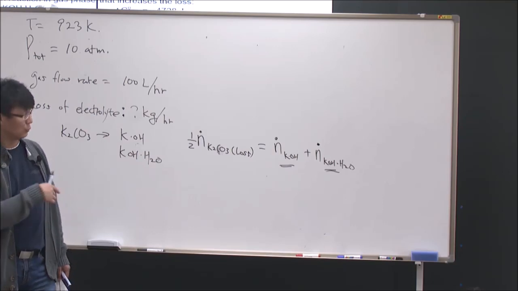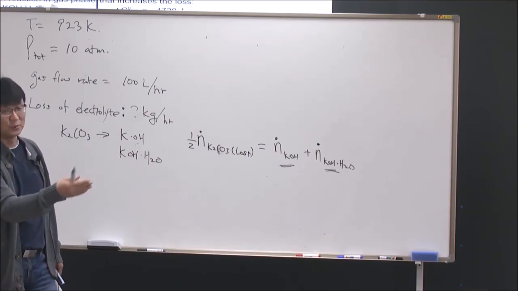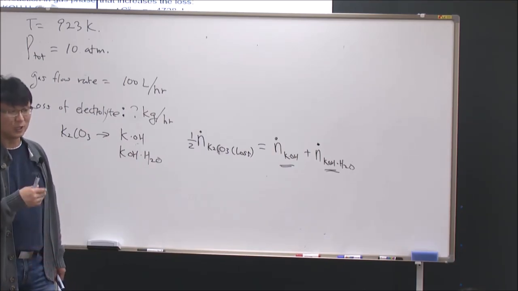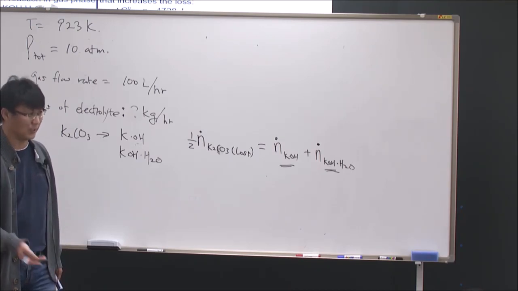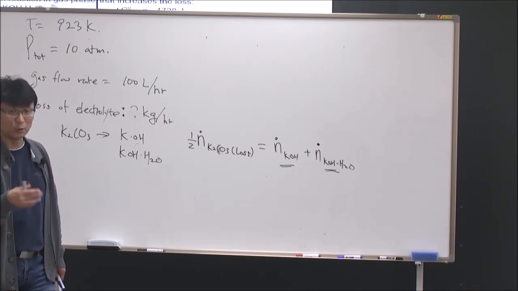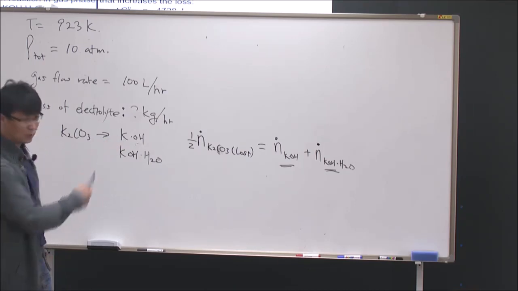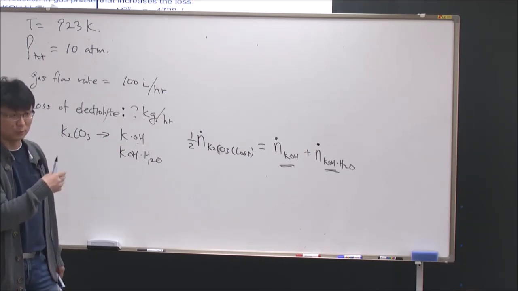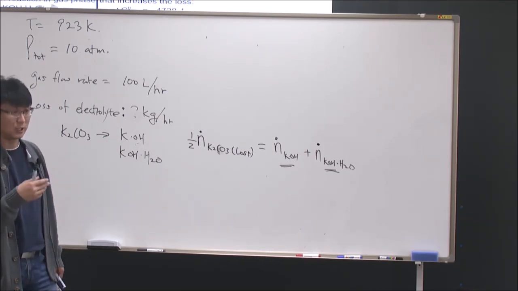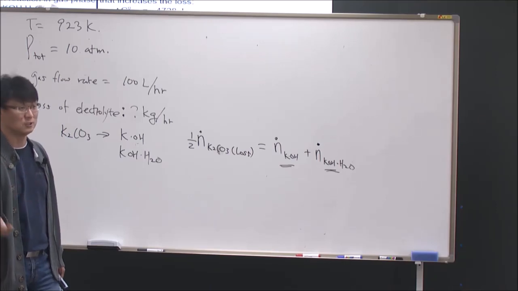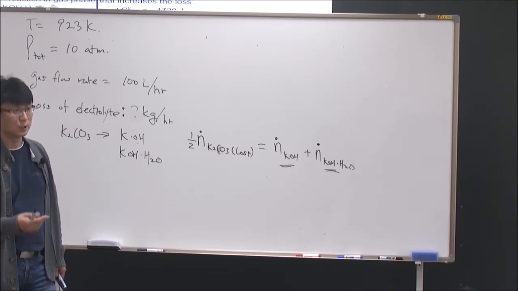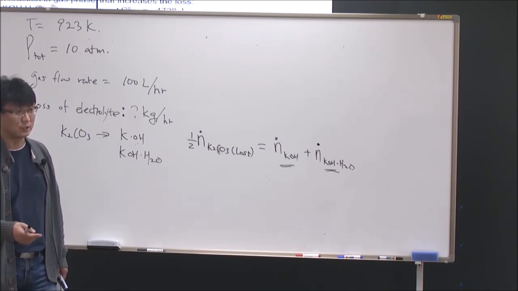Because we are talking about 100 liter of the gas, if you know the total number of moles of gas phase, we can calculate the number of moles of each species. So we have to use the ideal gas law, PV equal to nRT.